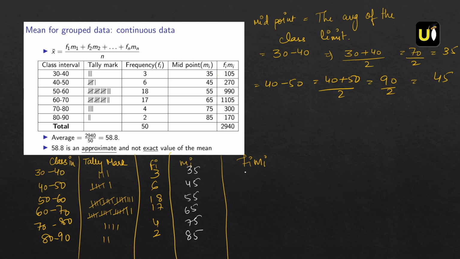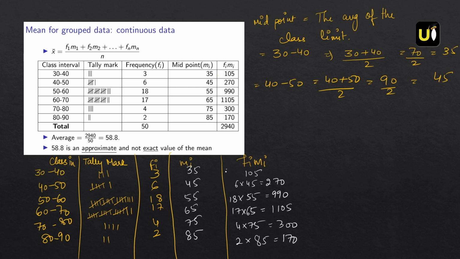So 3 into 35 is 105. 6 into 45, this will be 270. 18 into 55, this would be 990. 17 into 65, this would be 1105. 4 into 75, this would be 300. And 2 into 85, that would be 170. Alright, so this is how you calculate fi mi.